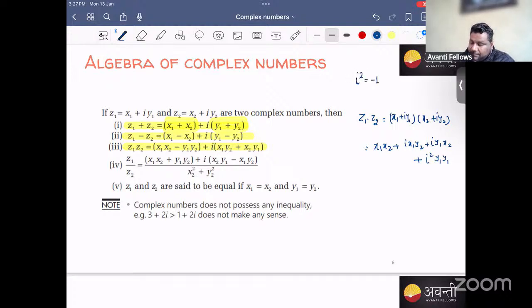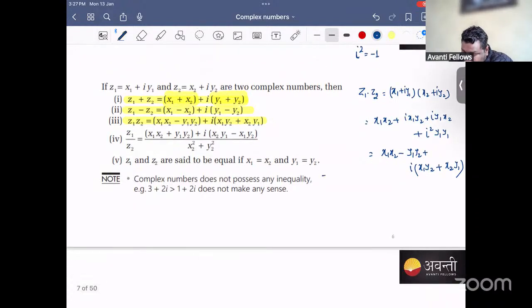Minus 1. So this is X1 X2 minus Y1 Y2 plus iota times X1 Y2 plus X2 Y1. This is how we multiply two complex numbers. Got it?